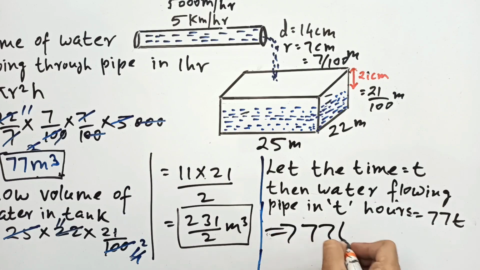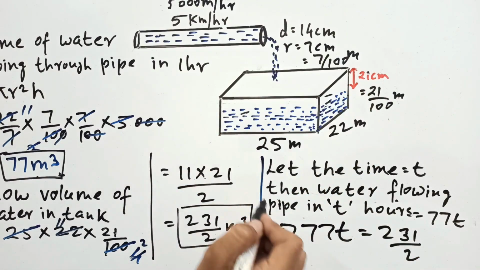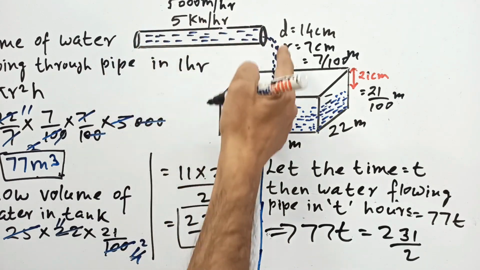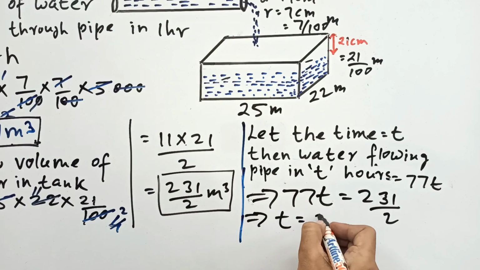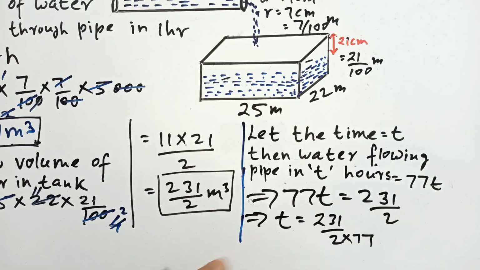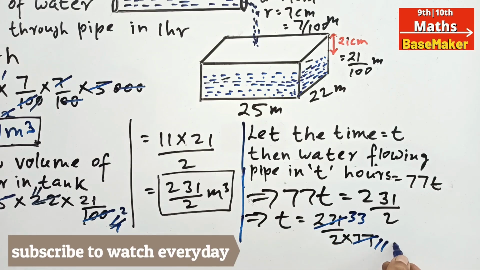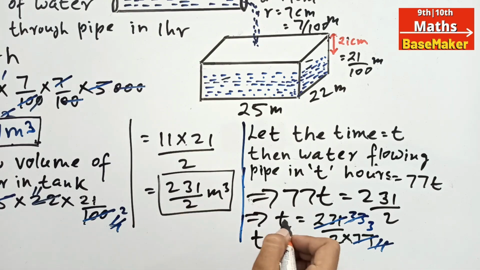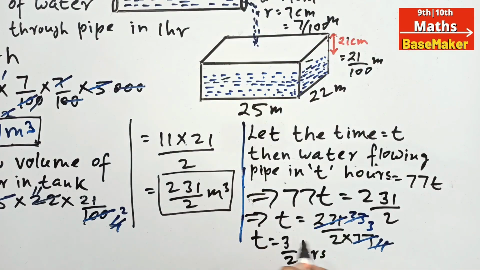So 77t will be equal to 231 upon 2, because the volume of water through the pipe that is collected in the tank. So the time taken to raise the level of water in the rectangular tank by 21 centimeters is 3 upon 2 hours, means 1.5 hours.